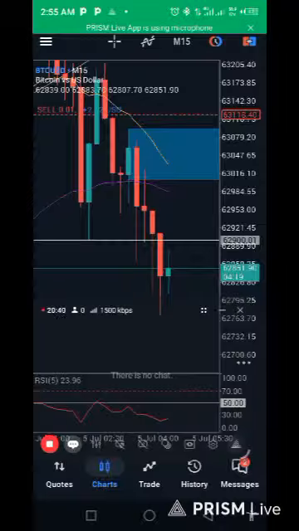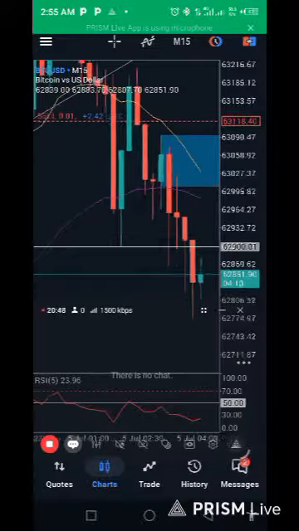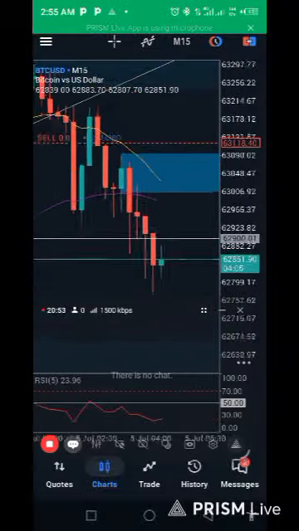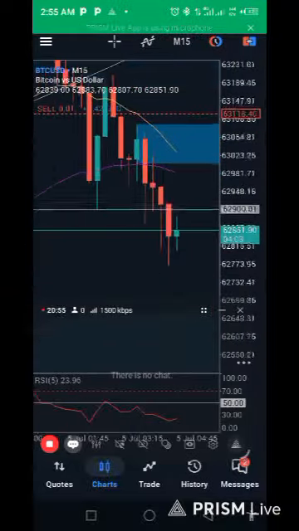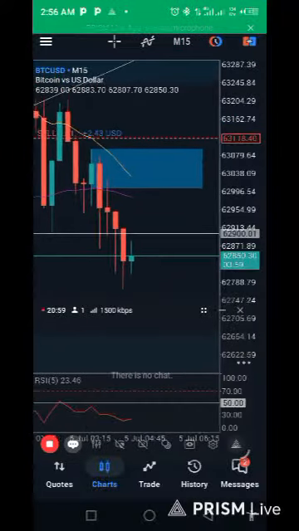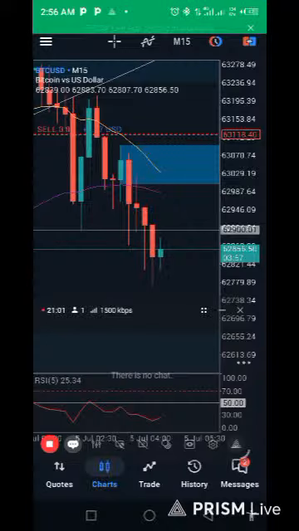If Bitcoin is going up, Ethereum will go up. These things, you just have to understand them and know which to trade, depending on your account.